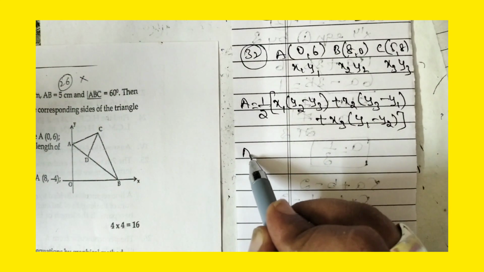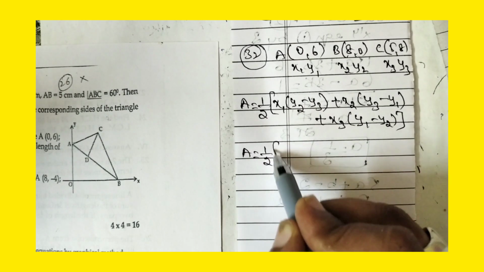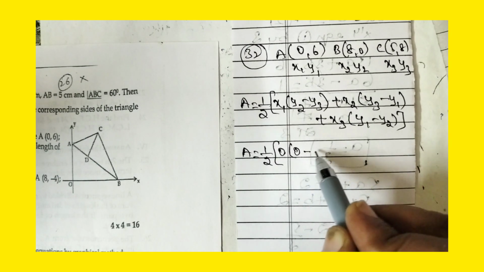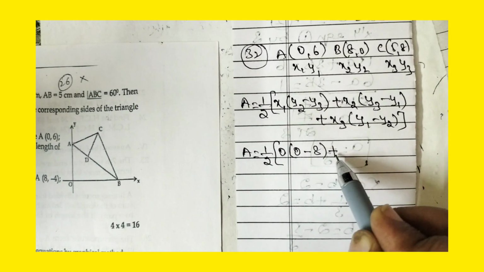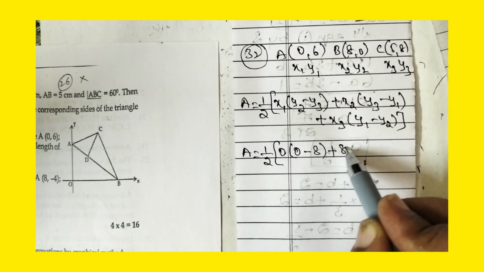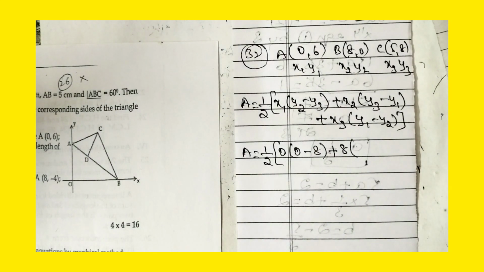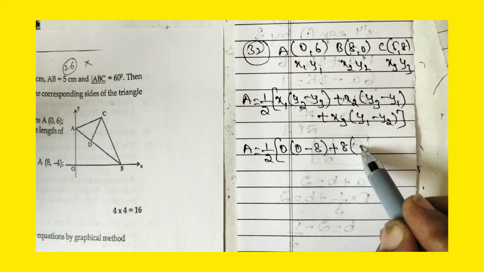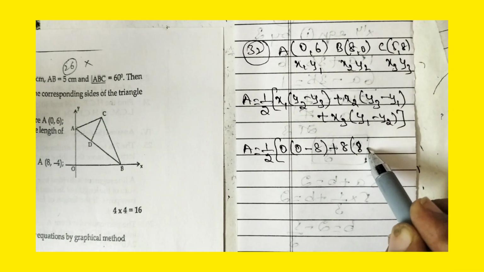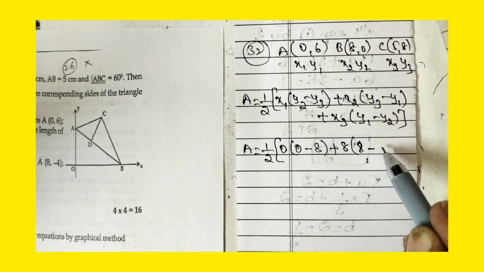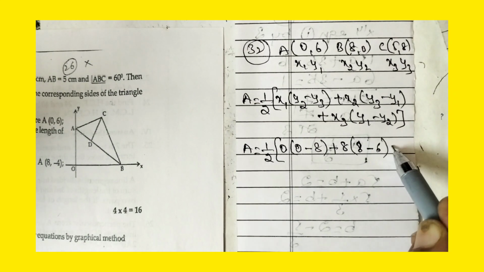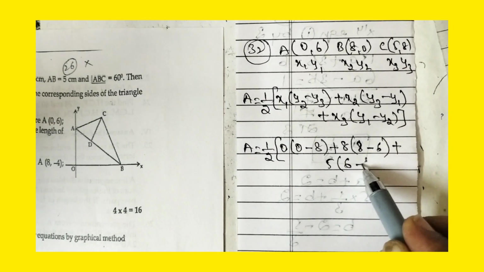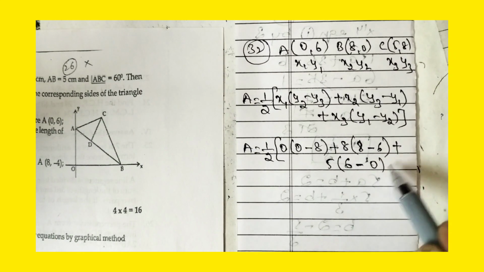So area of triangle ABC is equal to half into x1 which is 0, into y2 which is 0 minus y3 which is 8, plus x2 which is 8 into y3 which is 8 minus y1 which is 6, plus x3 which is 5 into y1 which is 6 minus y2 which is 0.